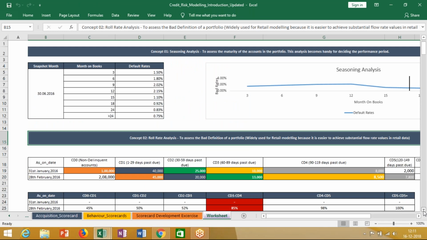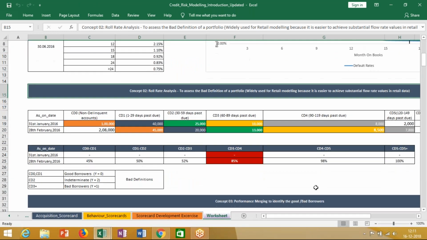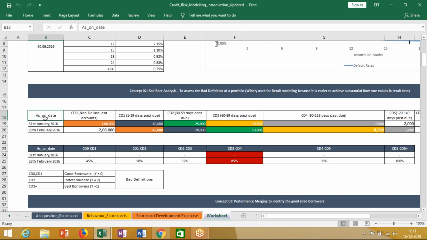Let's have a look at this table. It shows the as-on date. You report your portfolio, the delinquency-wise balance concentration, at the end of each month, and this is an assumption, but it generally happens that way.